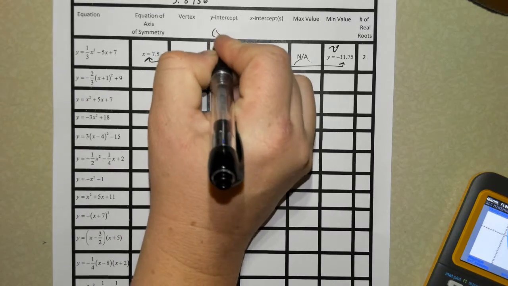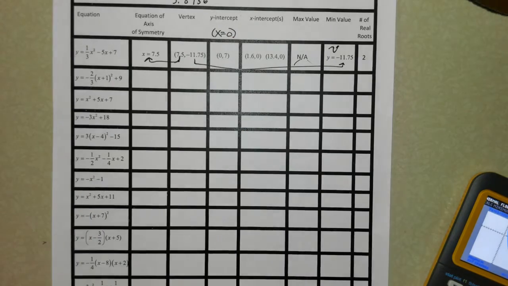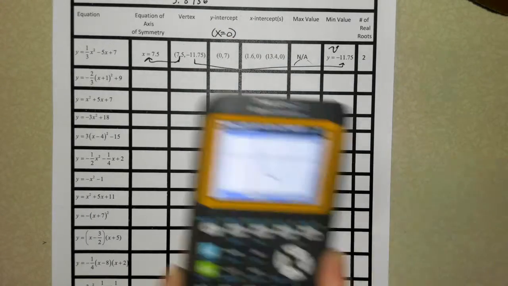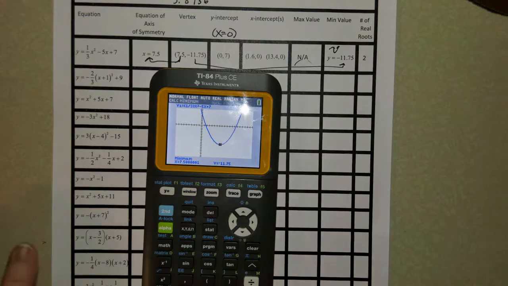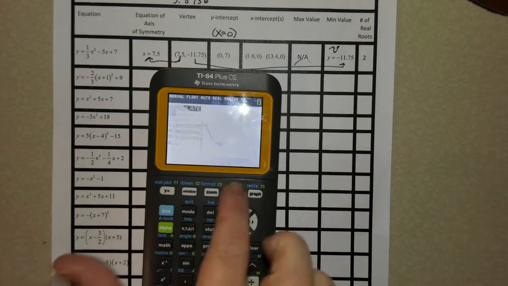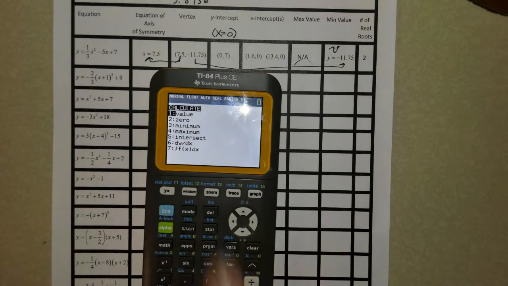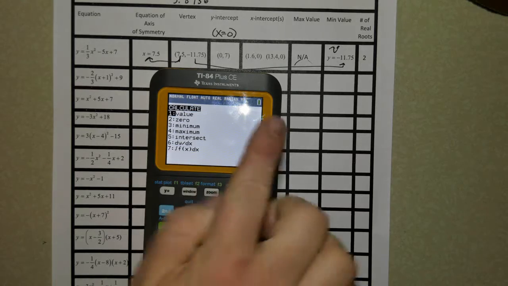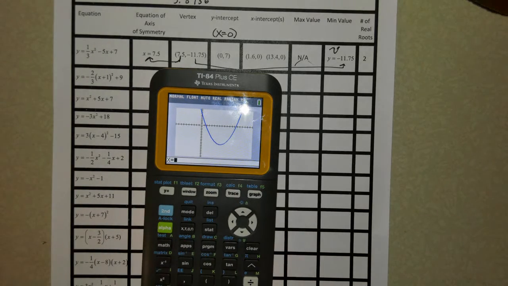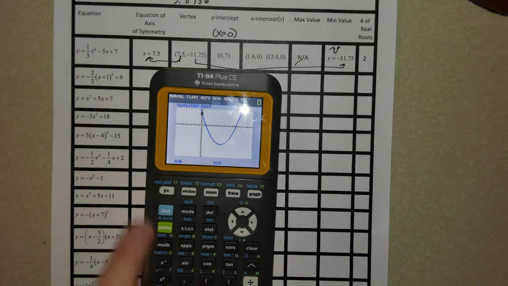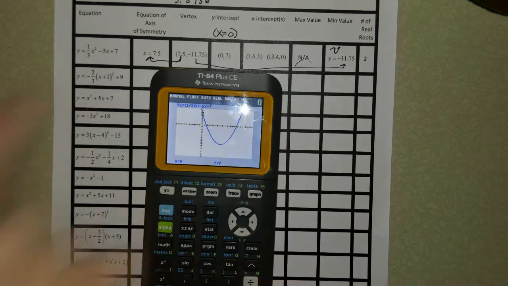For y-intercepts, x will always equal 0. So we can use, again, this trace function by going second trace and going to value. We are allowed now to plug in values for x, and it'll tell us the corresponding y values as long as it's within the window range. So x equals 0 corresponds to a y value of 707.